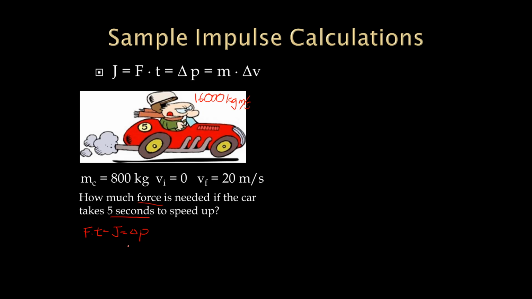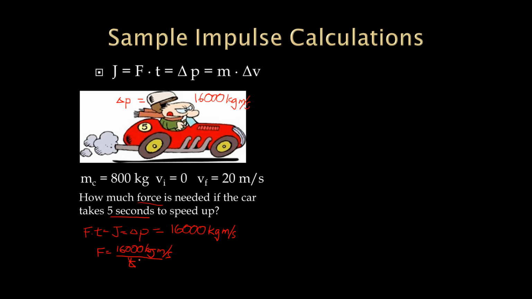Let's do a little equation solving now. I see my force times time is equal to 16,000 kilogram meters per second. So that means my force is going to be equal to 16,000 kilogram meters per second divided by time. Notice I've divided each side of the equation by time.